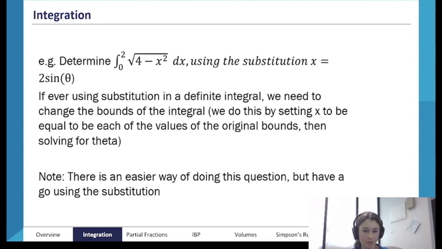And we need to use a substitution x equals 2 sine theta. So, as you can see here, before we actually get into the rest of this question, I'll just explain the thinking behind this example, because I think that's the hardest part of this.